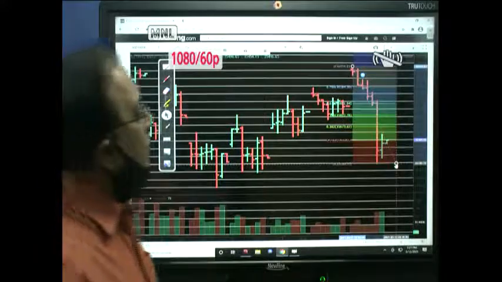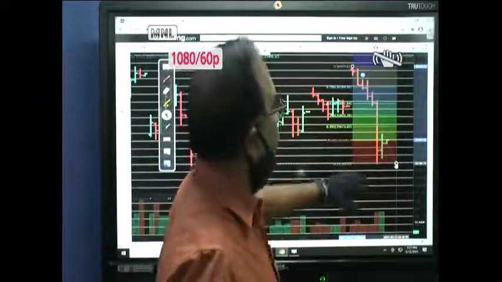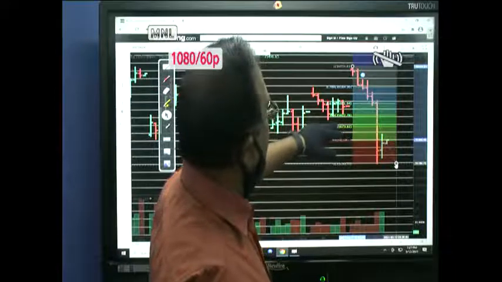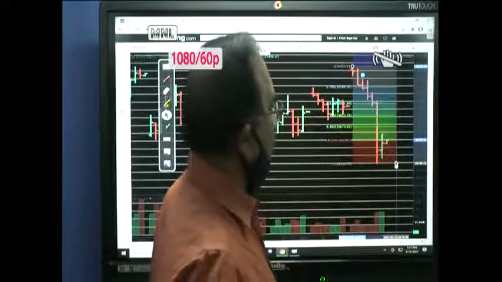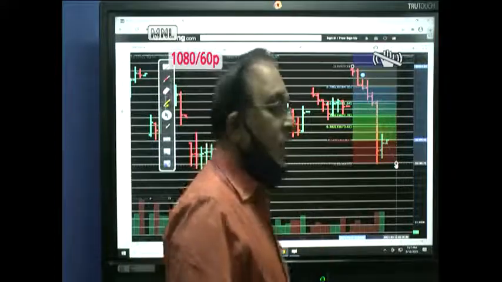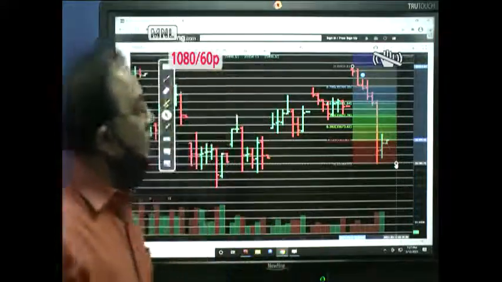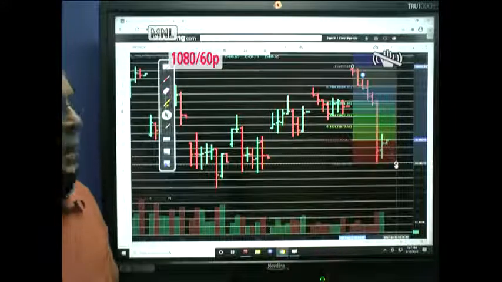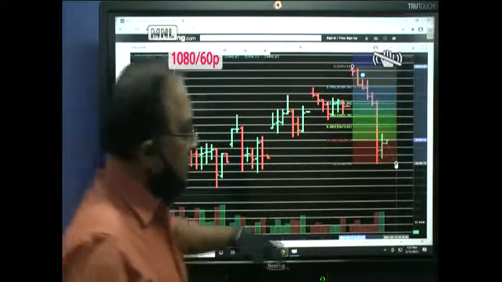We have a possibility that in case it doesn't go lower below this, then there can be a rally which can pull it back to 35,960, 970 levels. So we need to be careful about the 35,970 levels, and then probably at that point of time we should take a call whether there will be a further rally or not, because there is a chance that it can go up.